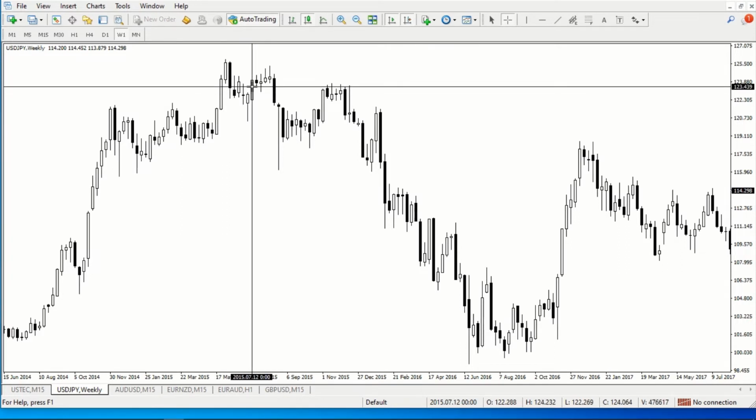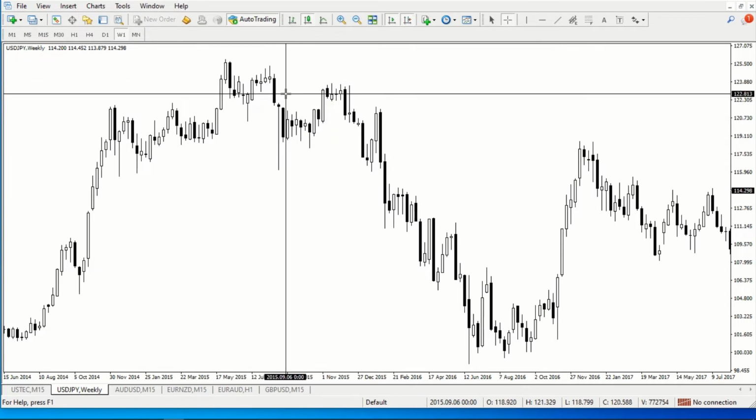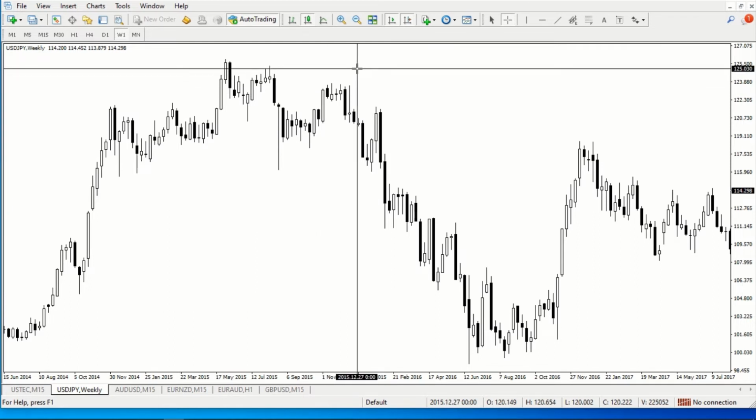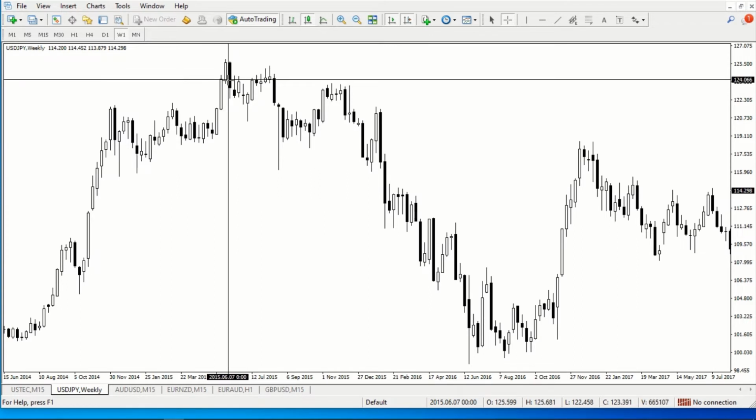And these high probability order blocks are located at the major zones. So in this video, we are only going to pay attention to high probability order blocks located at the major zones, and this is one of them.